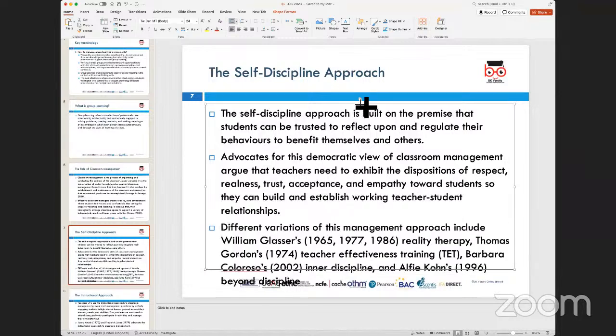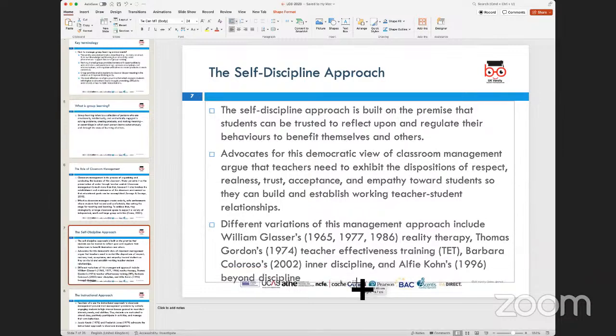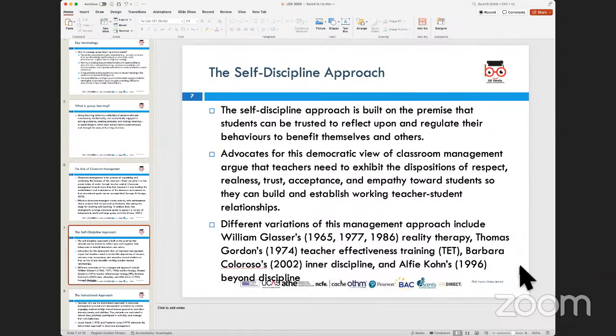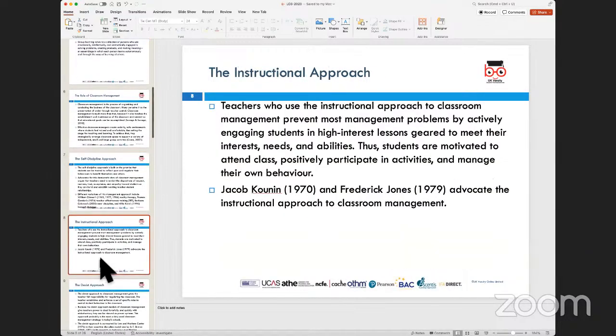That would be the disciplinary approach, taken into account from the point of view of ensuring that the classroom can be managed in a much more conducive way. It should be something which students enjoy, and they enjoy coming to the class, and there is a rapport or a good relationship between the teacher and the students.